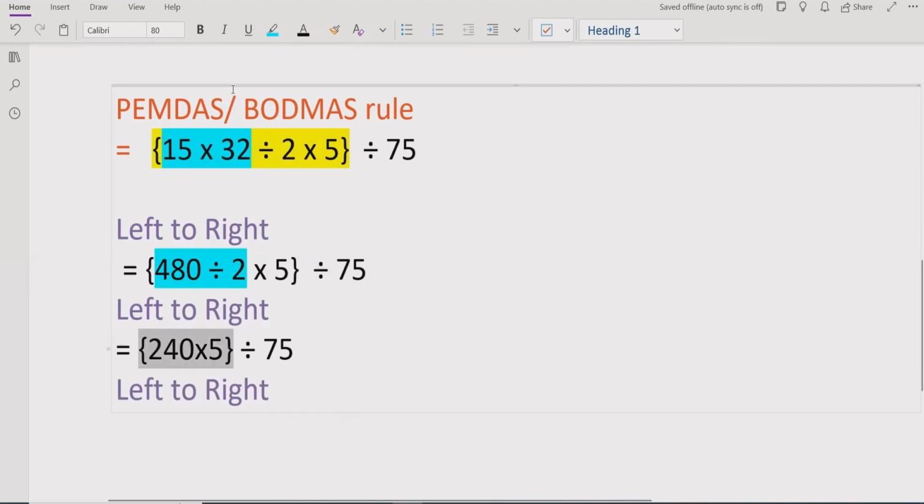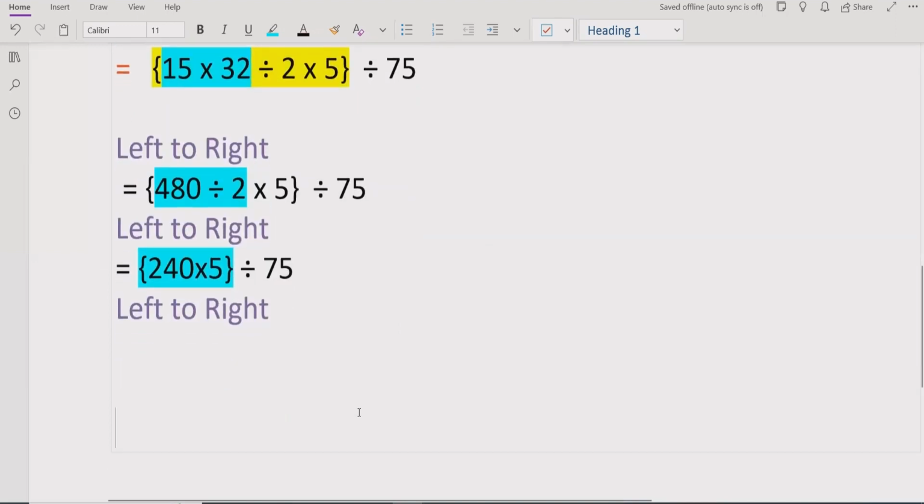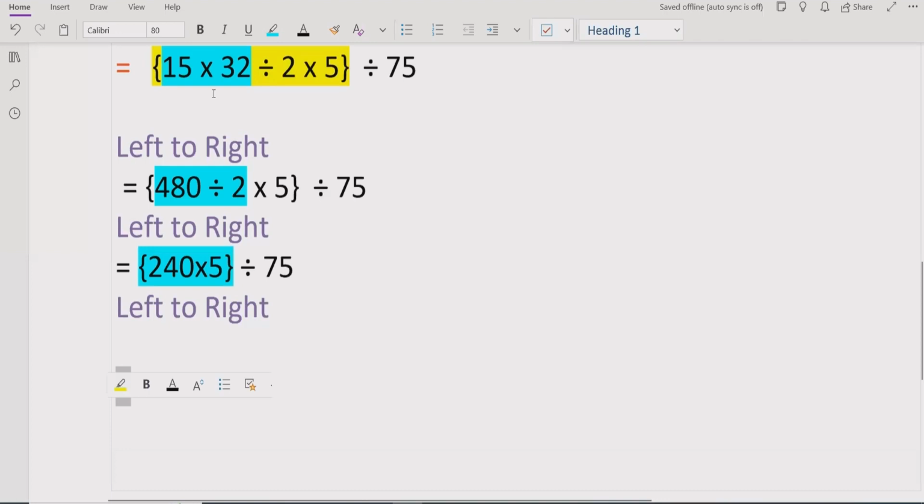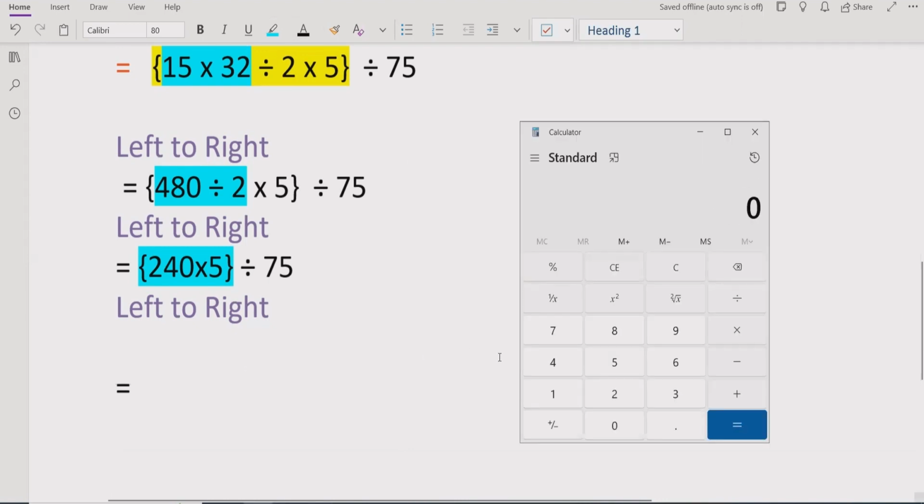So 24 multiplied by 5 gives the answer 120.